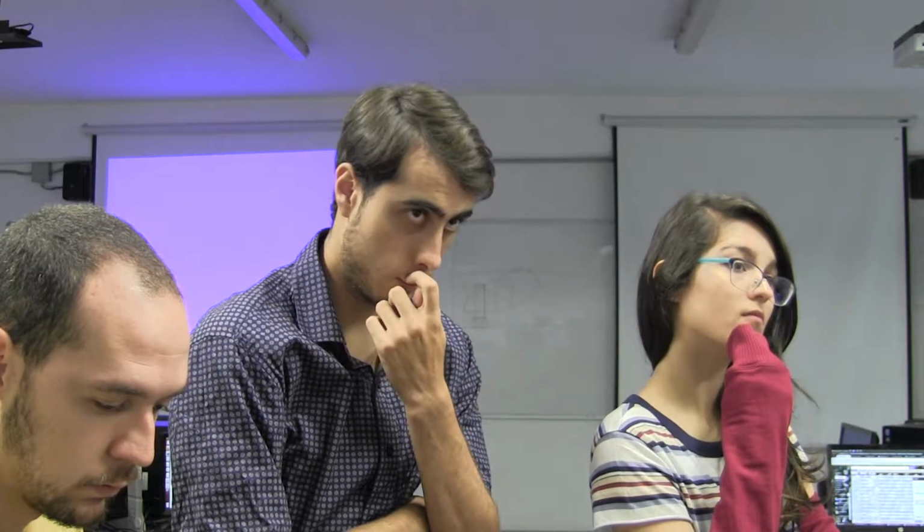I want you to take a look at the data cube and make a position-velocity diagram, which is a cut of the data cube along a certain axis of the source. Then you can see what the velocity of the gas is along that axis. This is the one thing I would like you to do.